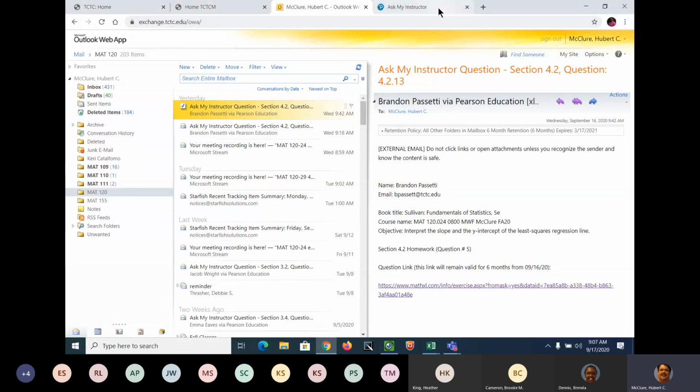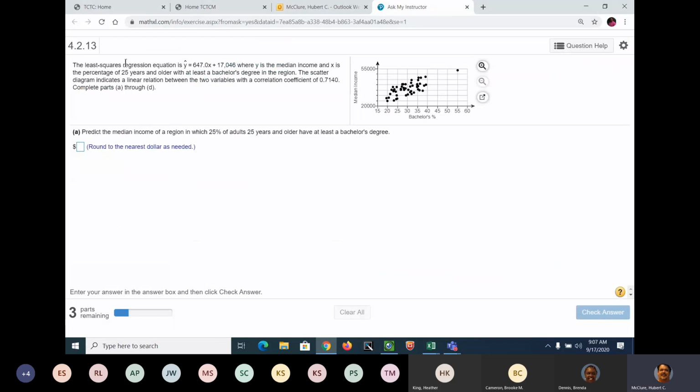All right. This one says the least squares regression equation is blah, blah, blah, where Y is the median home income and X is the percentage of 25 years and older with at least a bachelor's degree in the region.